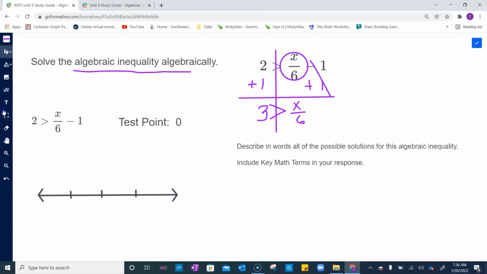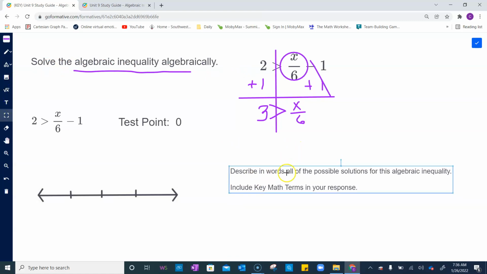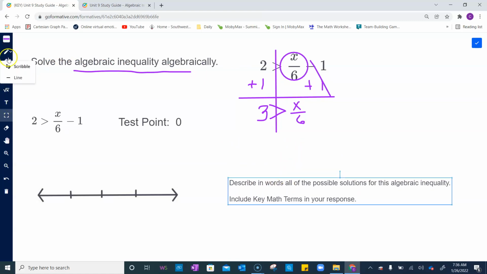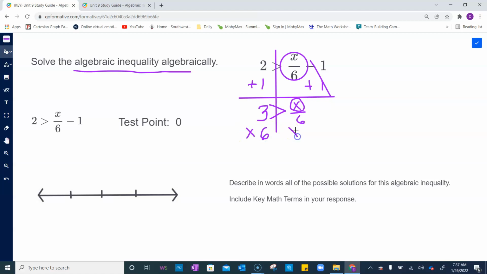All right, our next step is we are going to need to get our x by itself. So I'm going to circle the x on top here to see what I need to get rid of. I need to get rid of the divide by 6. Now some students like to go like this when they're solving, but that is incorrect.